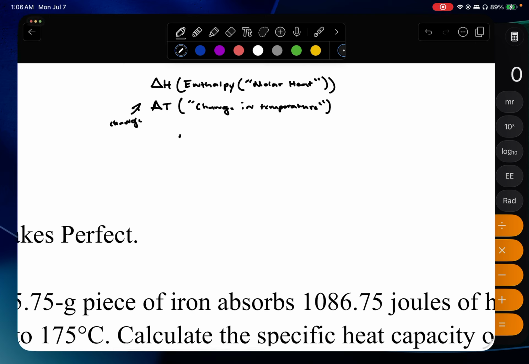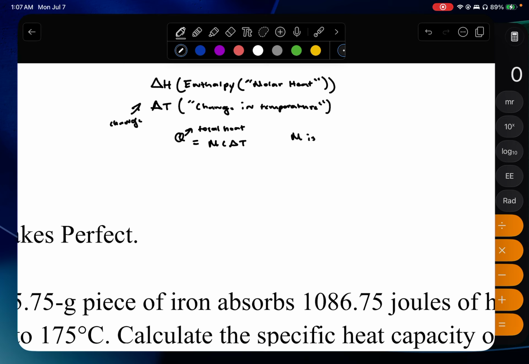Now, Q denotes total heat, and total heat is equal to MCΔT, or M times C times delta T. Now, what is M, you may ask?